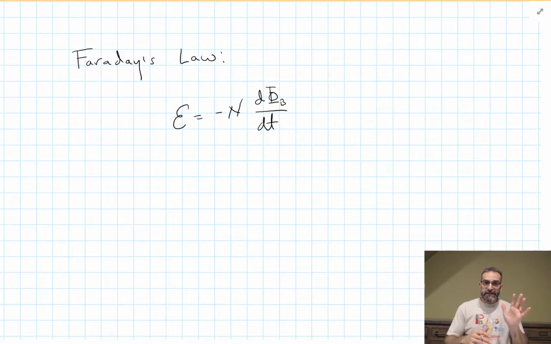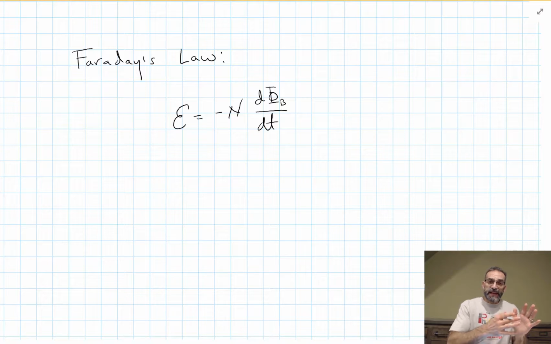If we have a region of space with a changing magnetic flux, we can say there's an EMF induced in that region of space. If there's a path for the electrons to move, like a wire loop, then we get a current also.